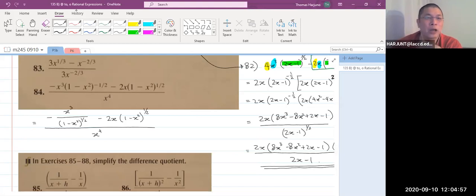Now then you realize, oh, I need to multiply by the LCD. I have only one denominator here, that's 1 minus x squared to the power of 1/2. That's what I do also at the bottom.